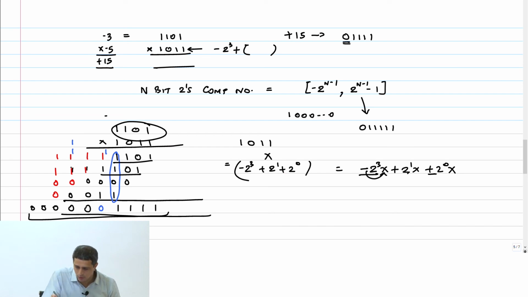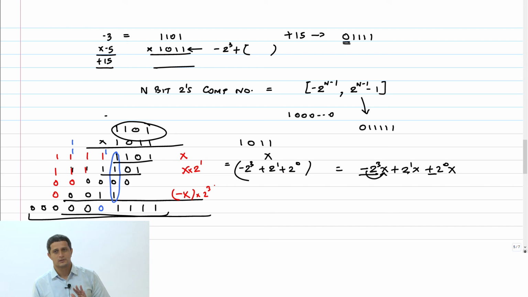So if you want me to label this, the partial products will be x into 2 power 1 minus x into 2 power 3. That's how you are achieving this. Okay, clear? That's why I am doing the math here, because only then you can be convinced of some of these subtle points.